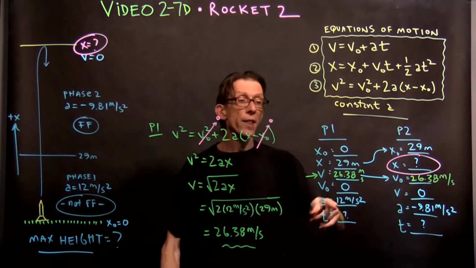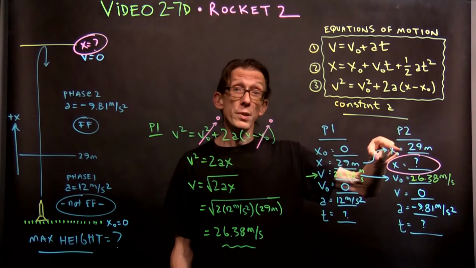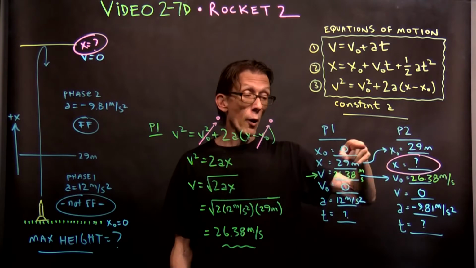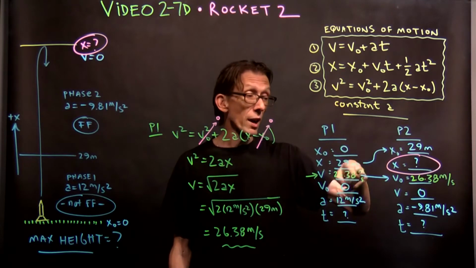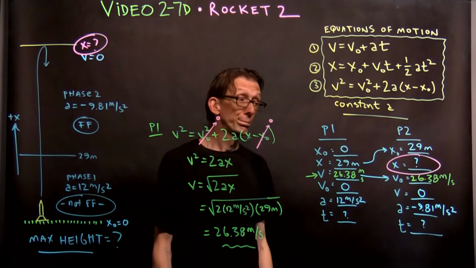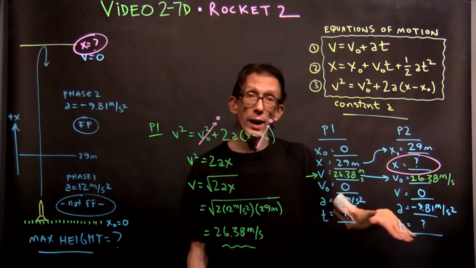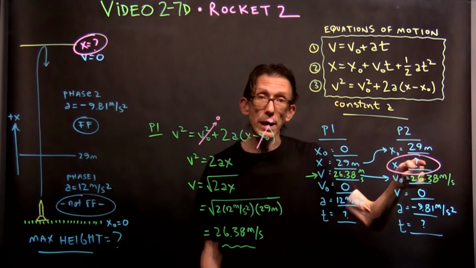In the same way that our final position for phase 1 was the initial position for phase 2, our final velocity of phase 1 is our initial velocity for phase 2. So now we have enough information on the right to find the thing in pink we're looking for.